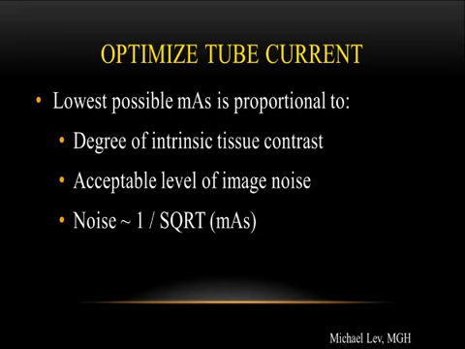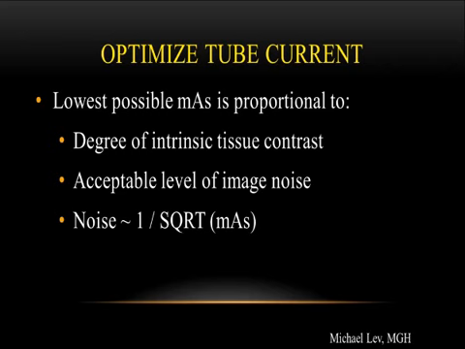If you're only interested in bones, for example in a sinus CT, you can go for a very low dose scan because bones have high intrinsic contrast. If you're looking for gray-white differentiation, you'll have to increase the dose level. Acceptable level of image noise, again, the same example applies.